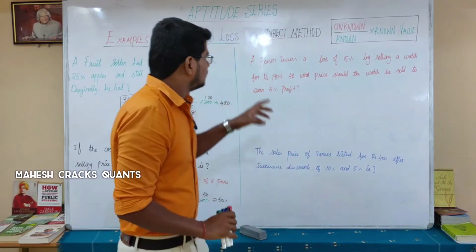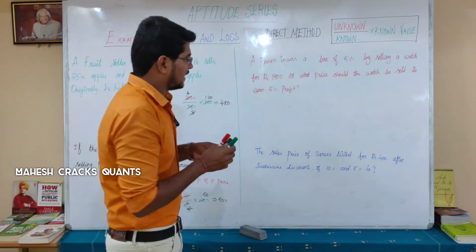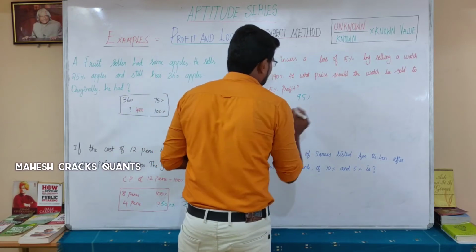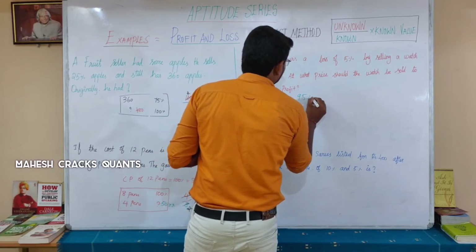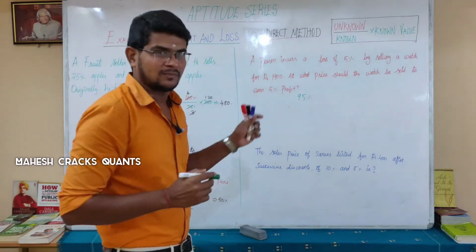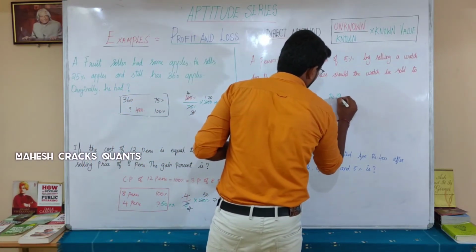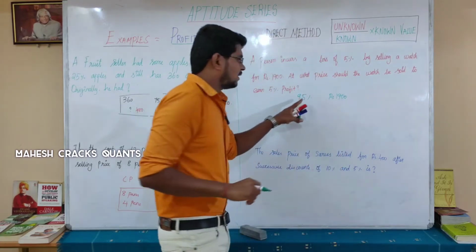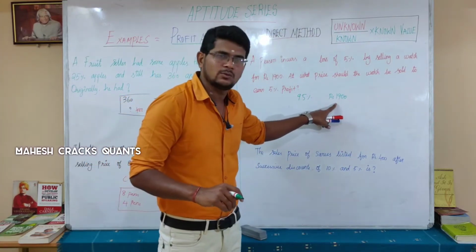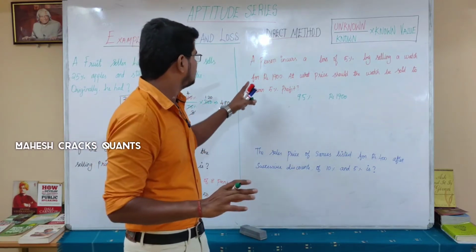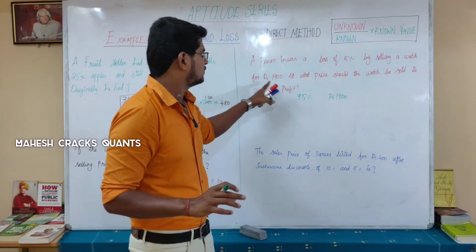So loss 5% means 95%. 95% is equal to rupees 1900. With a loss of 5%, he sells the watch for rupees 1900. That's the one thing from this point of the question.